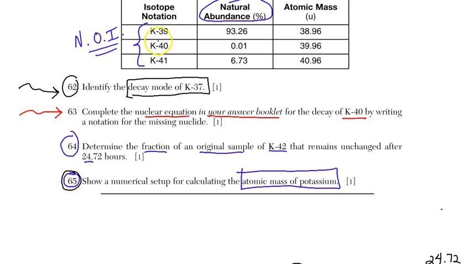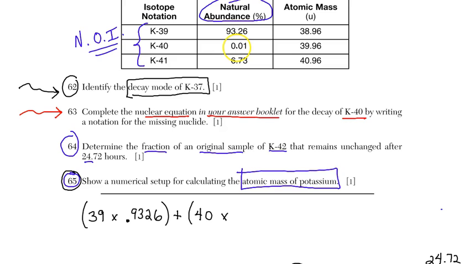So we take 39, and I'm going to find 93% of that, so I move the decimal place 2 places: 0.9326. Then I'm going to add that, it's another way of doing an average, to 40, the mass of this naturally occurring isotope, and I'm going to times it by that percentage.